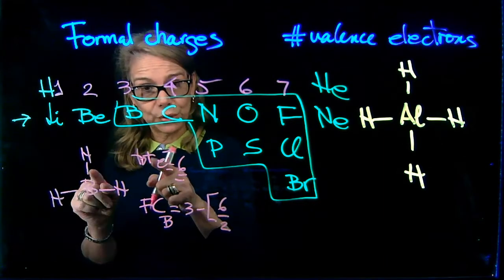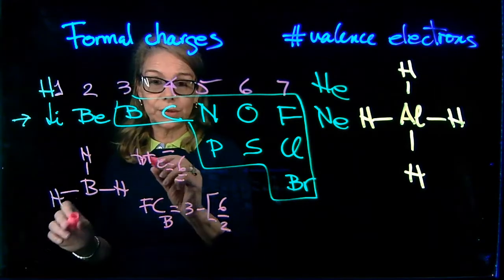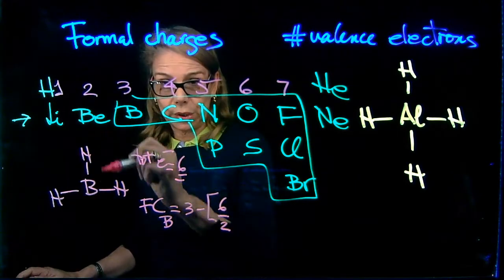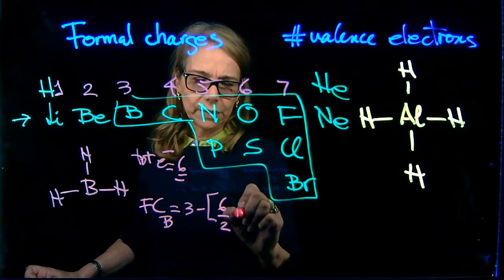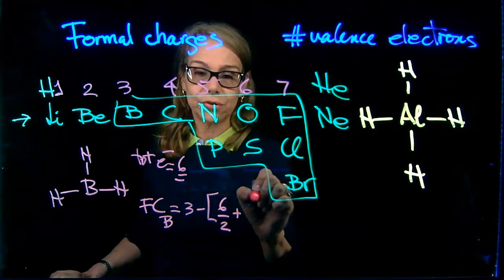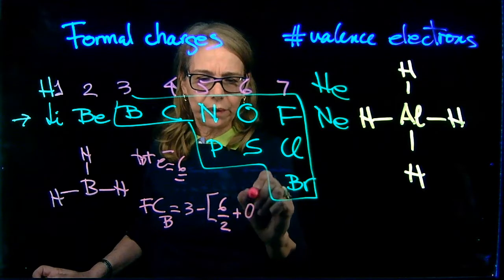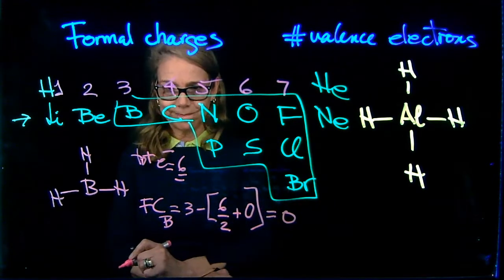In here, all of the electrons in bonds are going to be considered split equally between the 2 atoms. So that's why we divide by 2. And the other thing that we add here is electrons that are not shared, so electrons in lone pairs, but we don't have any. So formal charge of boron here is 0.